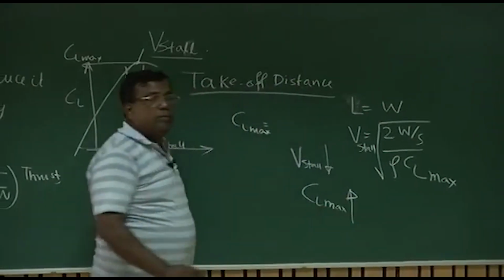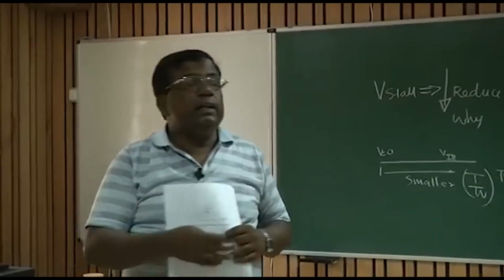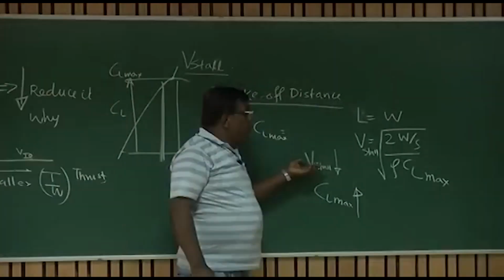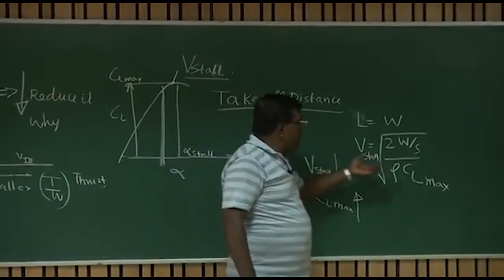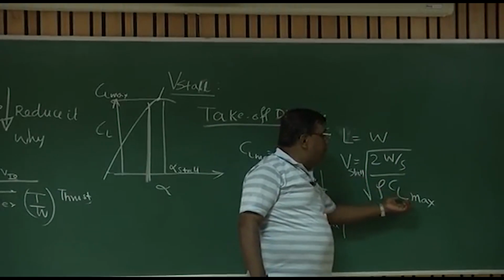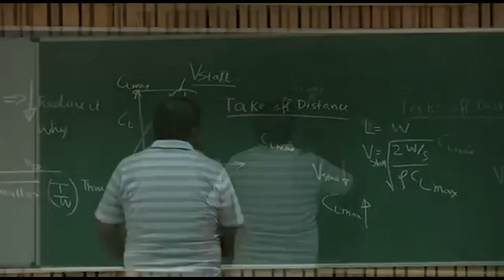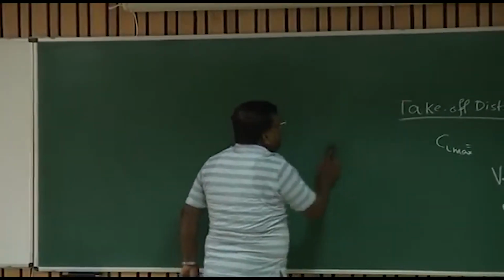The message is clear. If we want a short takeoff distance, then reduce this Vstall. To reduce Vstall, for a given wing loading and altitude, I have the option of increasing CL max. So now the question comes, how can I decrease Vstall? That is the question.